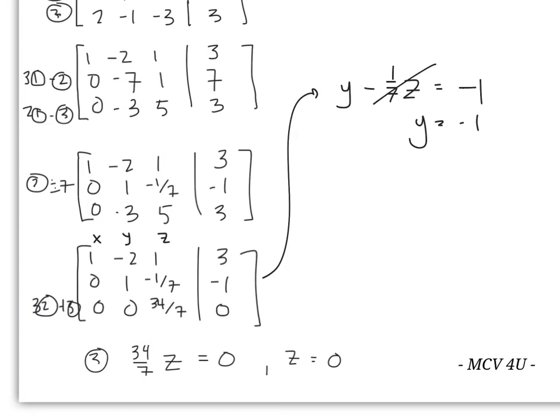The first equation says x minus 2y plus z equals 3. And if we plug in z is 0, that goes away. Y is -1, so x minus 2 times -1 equals 3. So what is that? 2, move it to the other side, it becomes negative, so x equals 1.